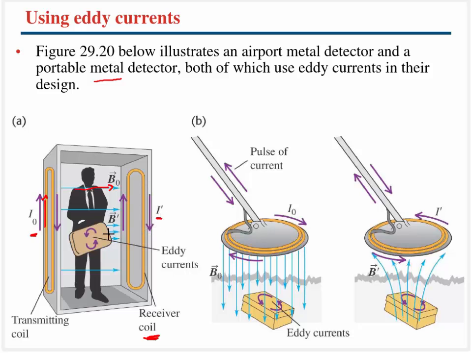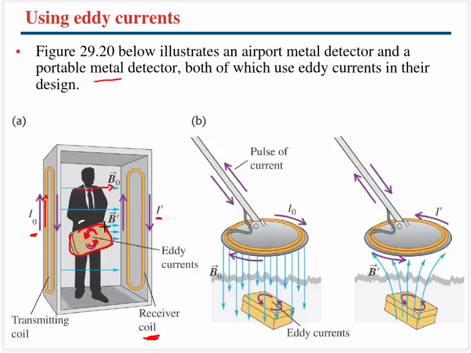If someone were to go into this metal detector and have in their suitcase something that is metallic, it's going to induce an electric field and a current inside of this briefcase that's going to oppose the changing magnetic field.